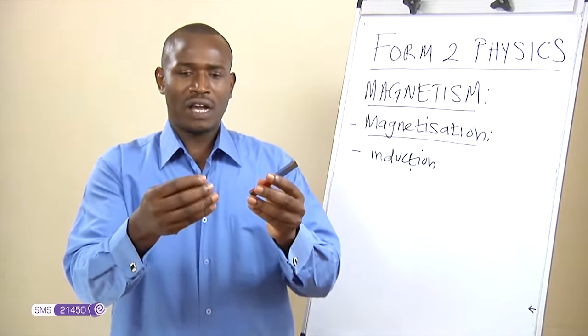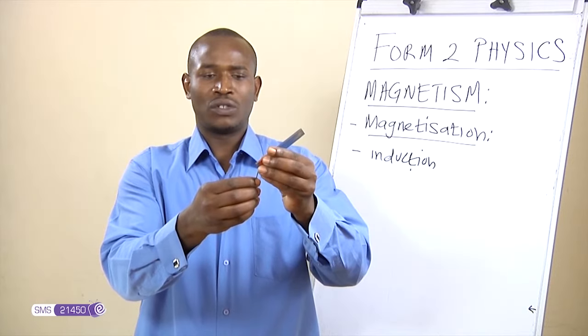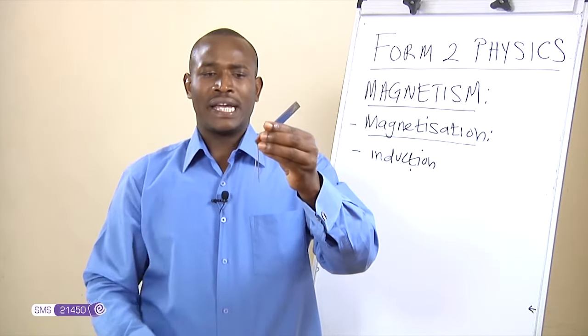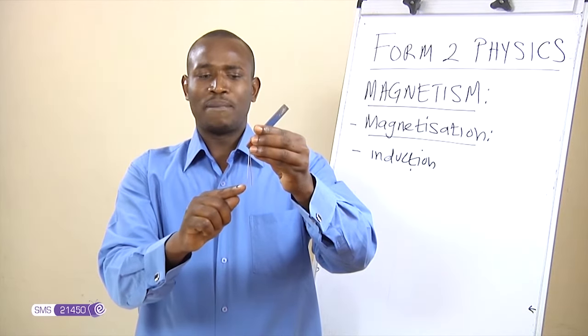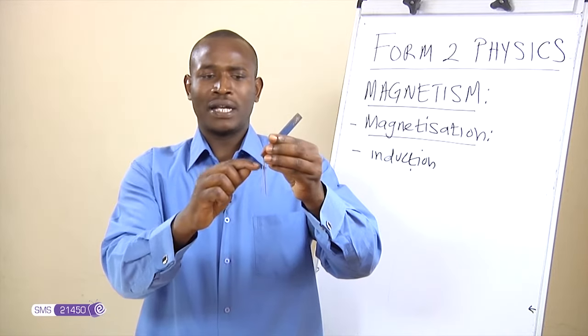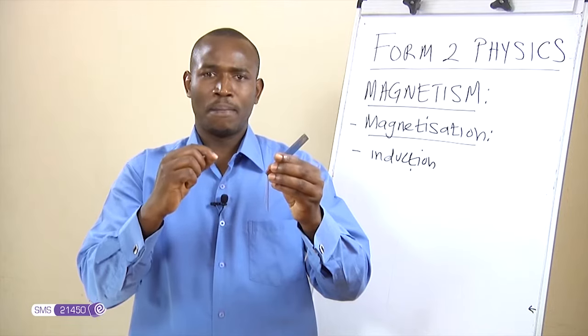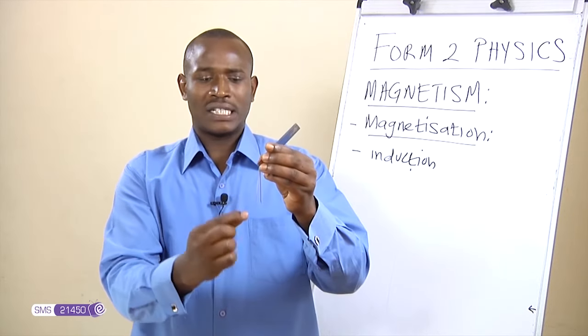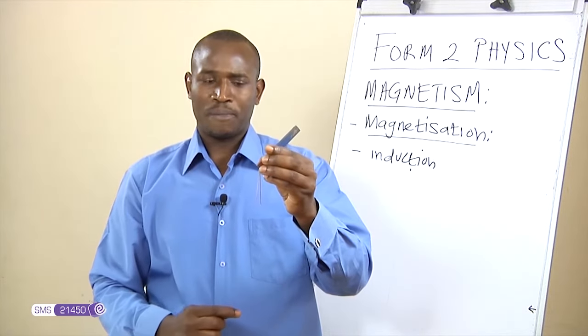If you have two pins, you attach them to the same pole of a magnet. As we can see, the lower edges of the pins repel each other. When two pins are magnetized by the induction method using the same pole, we can see that the lower edges repel each other.